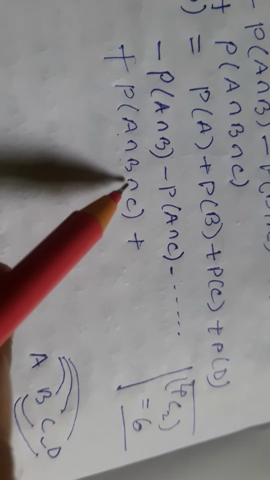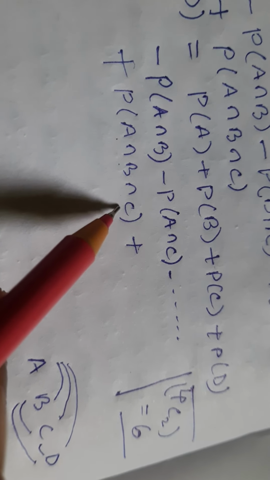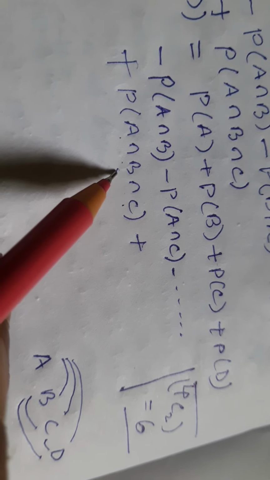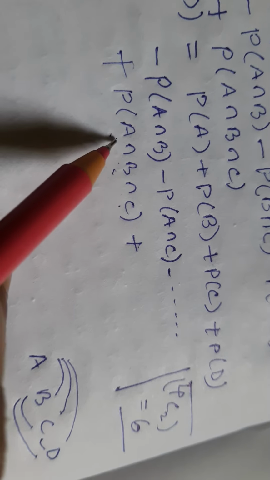You have written ABC, you have omitted D. Now you will omit C in the next term, you will omit B in the third term, and you will omit A in the fourth term, that is the last term of 3 events.